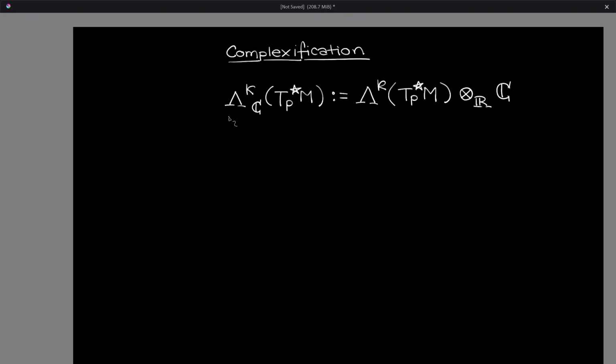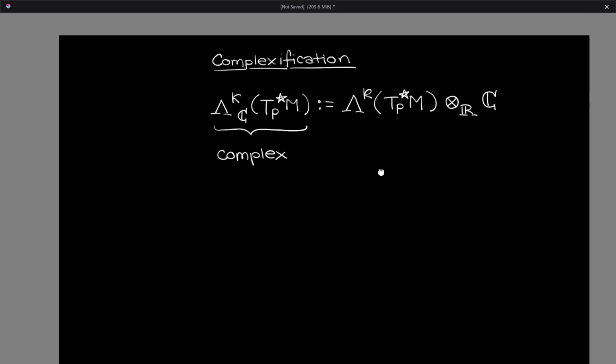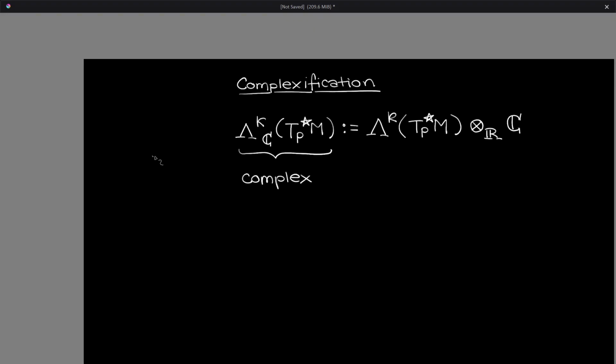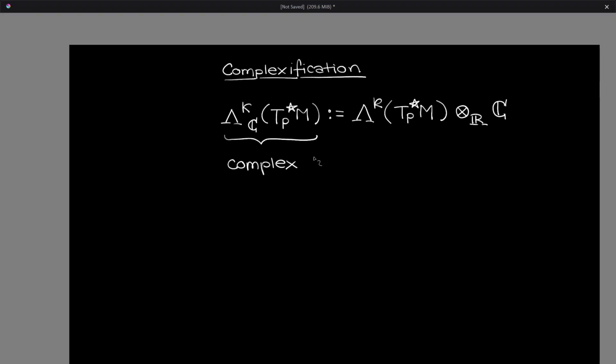So this is the space of complex valued forms. That is the full space that we want.